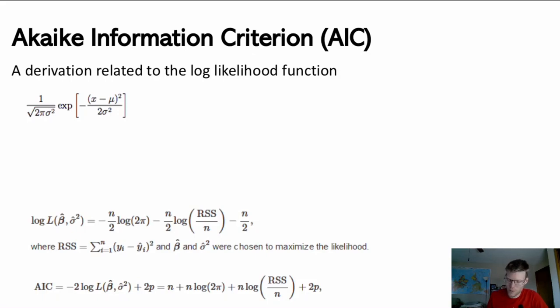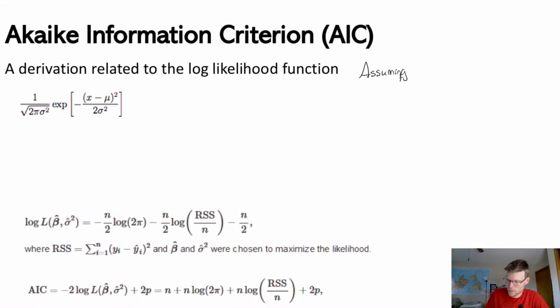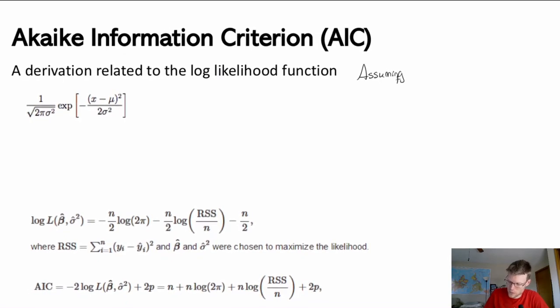If you want to think about it this way, remember that when we do linear modeling, we're assuming that the distribution of y given x is normally distributed with a mean of x beta and a variance of some value that we'll just call sigma squared.